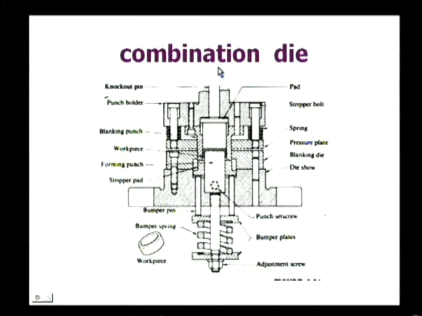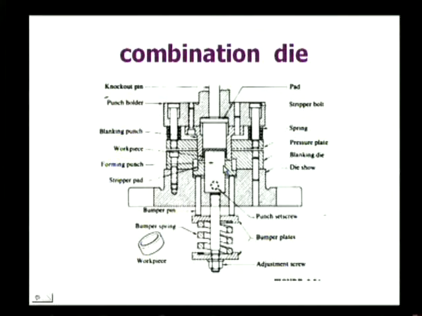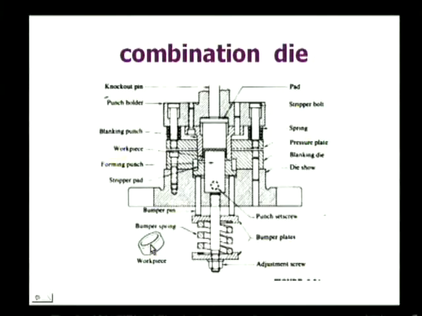This is a combination die. A combination die differs from a compound die in that not only the cutting operations but also the forming operations can be carried out on the combination die. The name itself indicates that both cutting and forming operations can be combined together in a single stroke. Here this is the workpiece to be manufactured from a sheet metal.